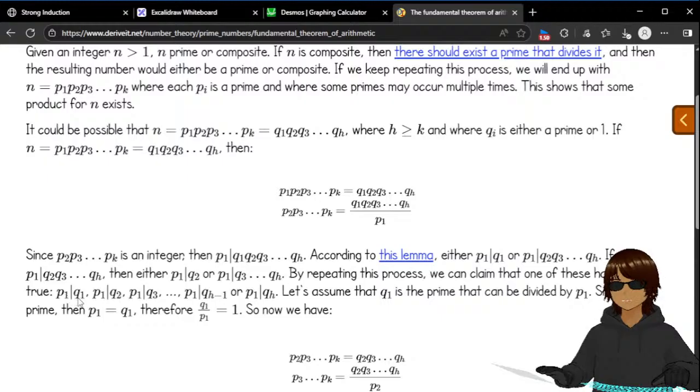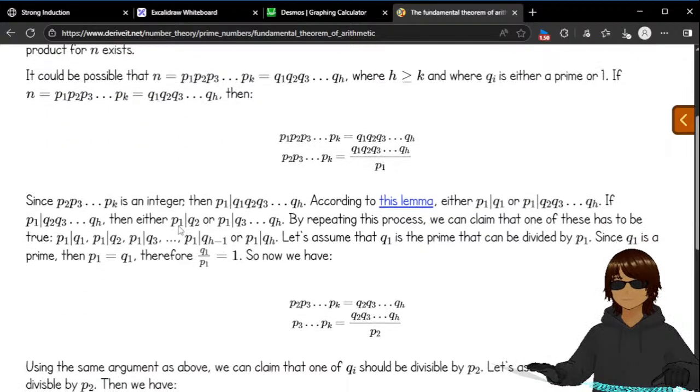P1 divides q1. Oh, I see what I'm doing here. According to this lemma, either p1 divides q1 or p1 divides q2, q3, all the way till qh. If p1 divides q2, q3, all the way till qh, then either p1 divides q2 or p1 divides q3 all the way till qh.